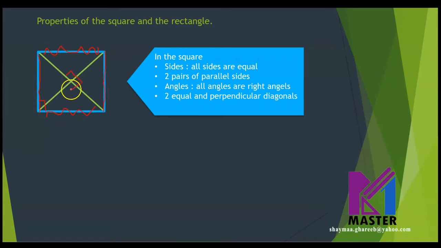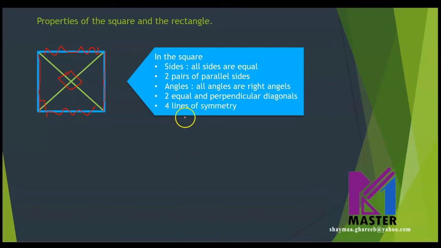They form right angles. Is this clear? It's really important to draw each of the quadrilaterals and write its name and list all the properties that you can mention. Study them all with drawing.